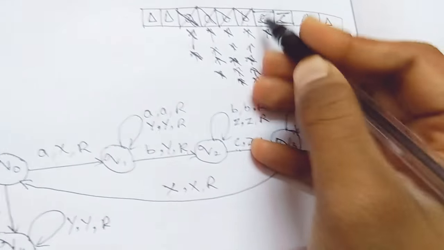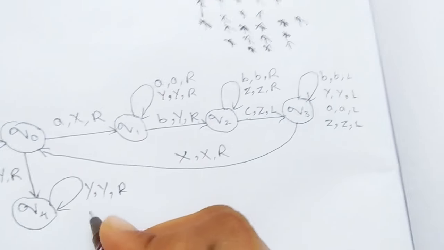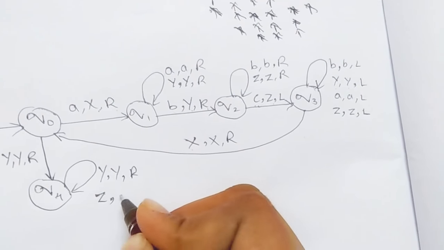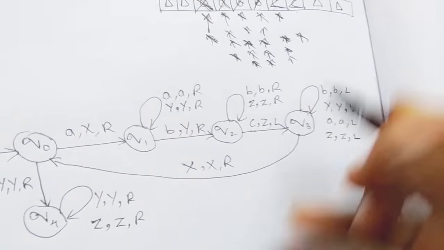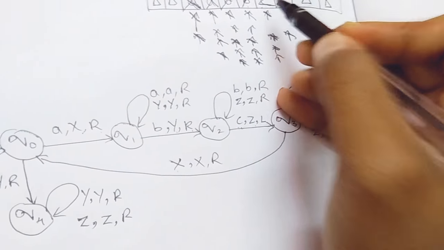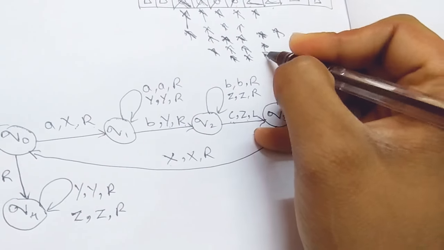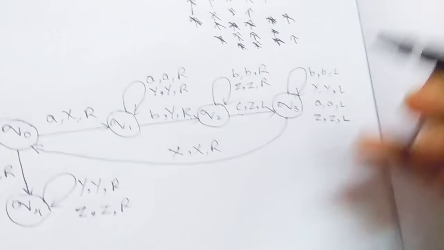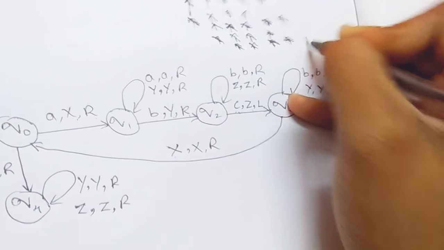Now it is showing z, therefore even z is processed c, therefore I write here z should be replaced with z and move to right. Therefore the header will replace z with z itself and the header will move to right. And again there is z, so z will be replaced with z itself and it will move to right. Now here it's a new character the machine has come across, that is delta.